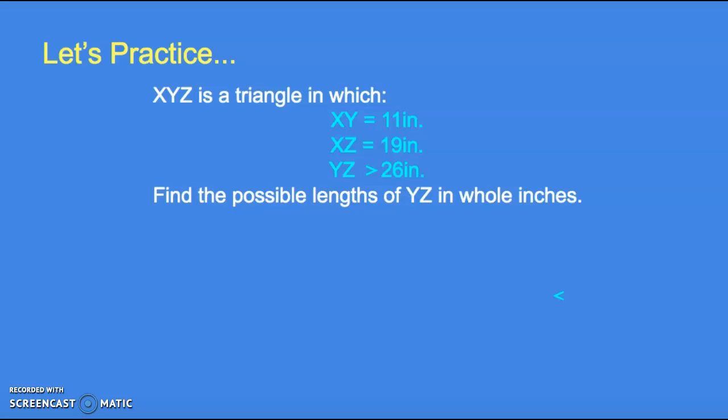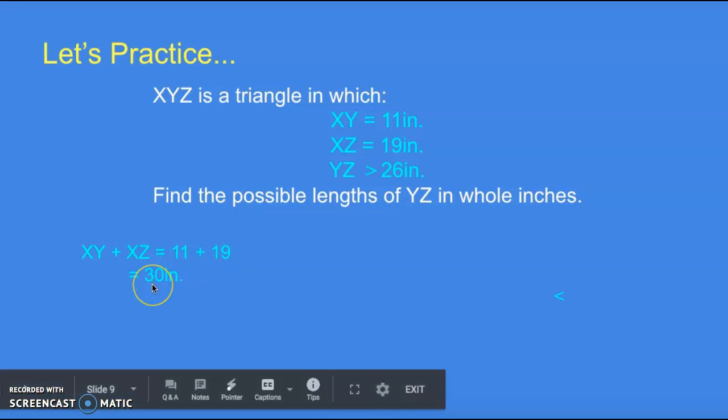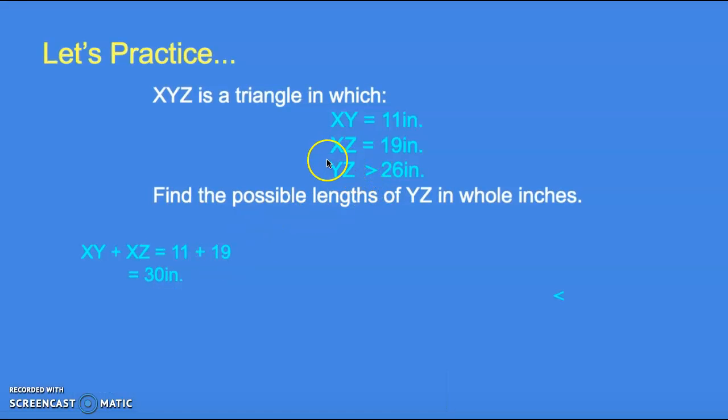We're asked to find the possible lengths of YZ in whole inches. So again, we first put together the sides we know, which are XY and XZ. XY has a value of 11 and XZ has a value of 19. Together they equal 30. And don't forget, this sum needs to be greater than YZ. But YZ is greater than 26. Therefore, XY plus XZ is greater than YZ.